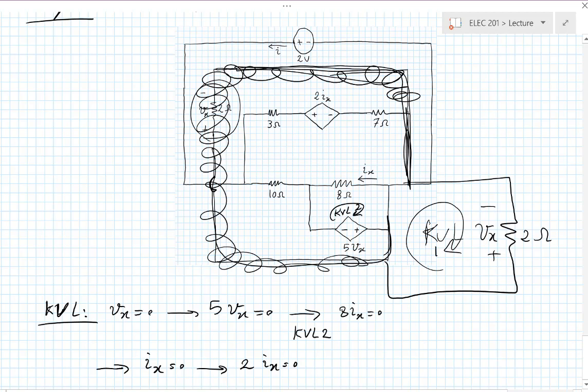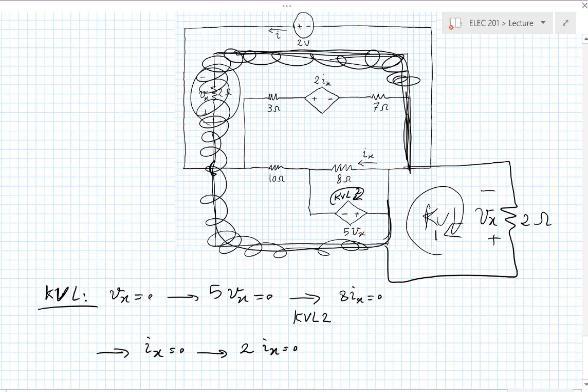So your circuit has very quickly reduced to something that's sitting on its own, completely doing nothing, 0 volt across the 2 ohm resistor with 0 amp going through it. It's just a piece of wire extra connected there, doing nothing. And then that branch, 5Vx, has essentially no voltage because of the other thing.